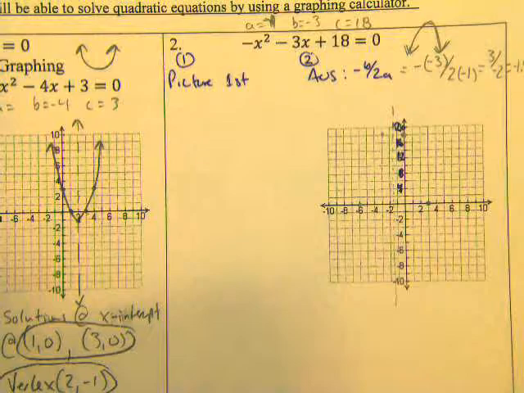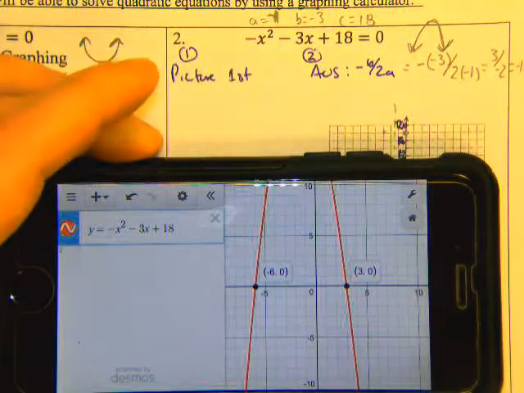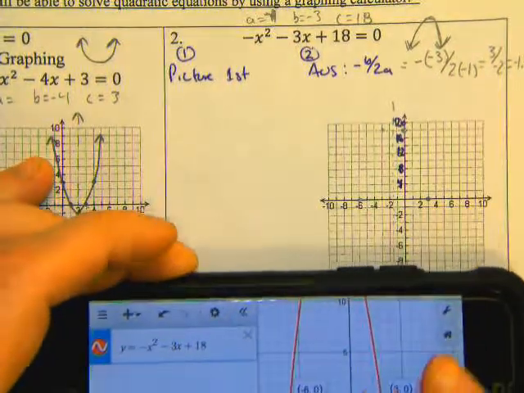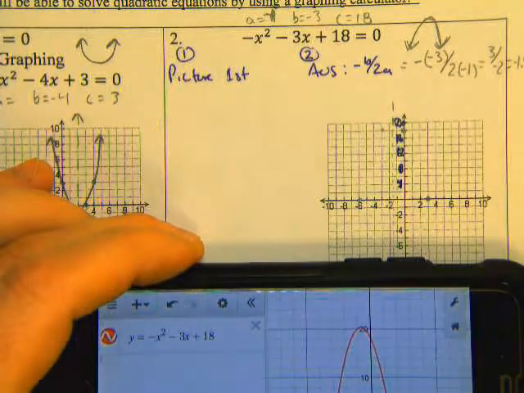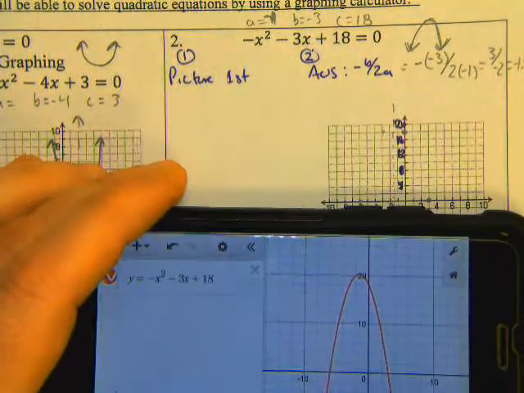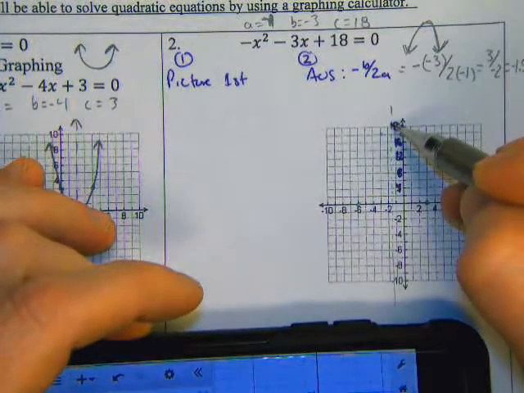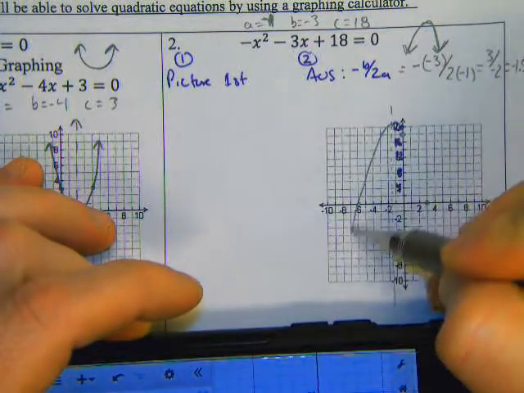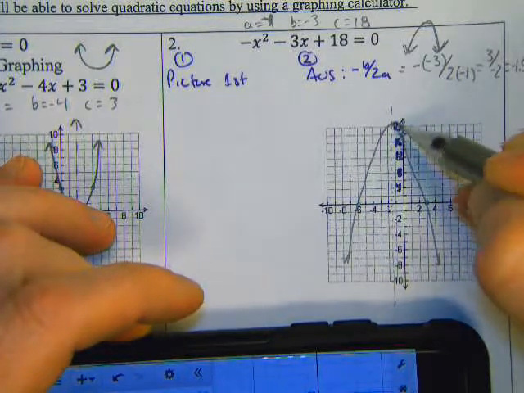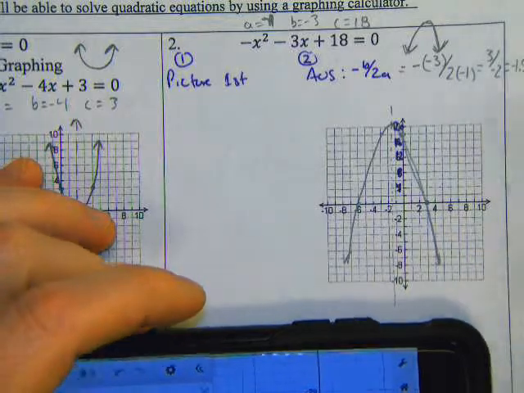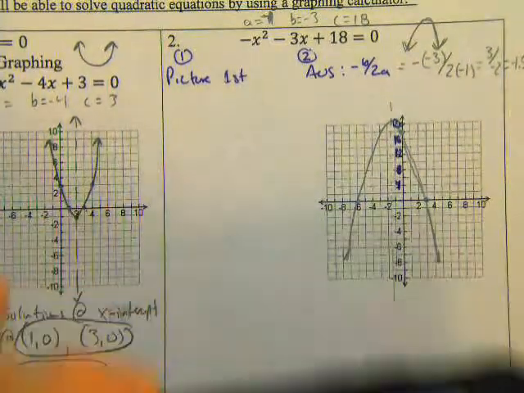Okay, so now I think I've got a pretty good picture of what this is going to look like, and I've got some nice visual proof here. You can zoom out, and yeah, that's going to kind of look like what my picture looks like. So obviously my picture's not perfect, but hey, not bad comparison.